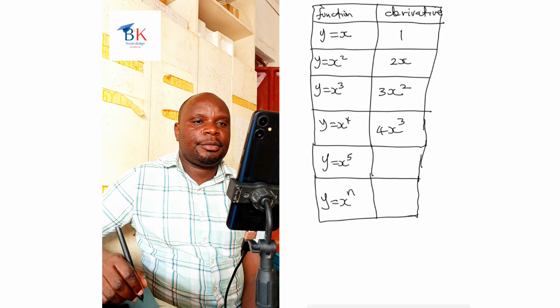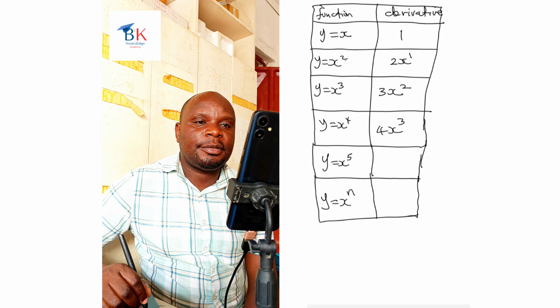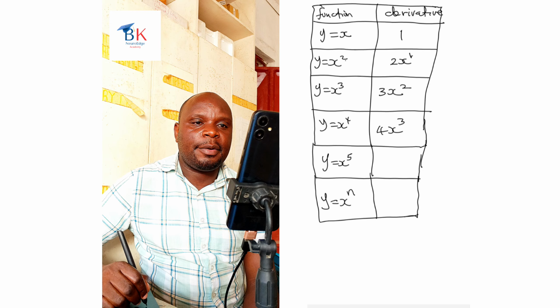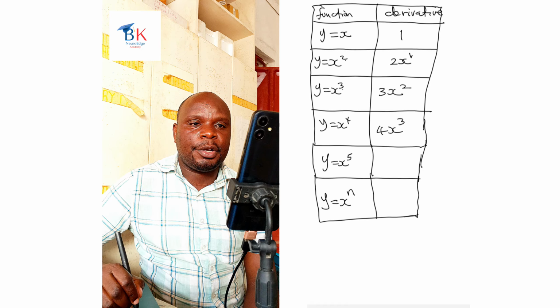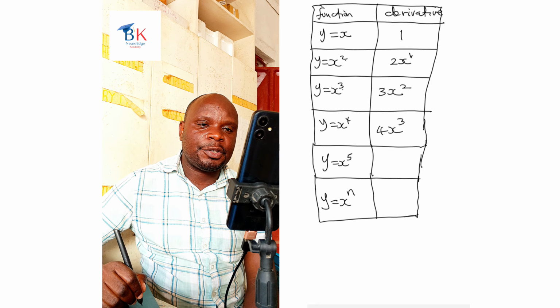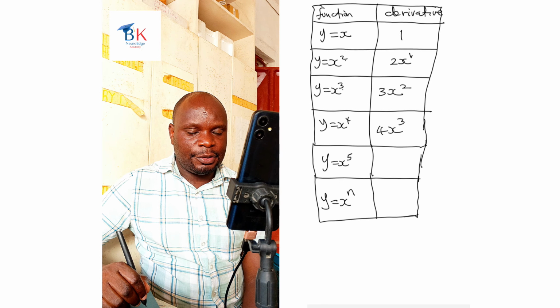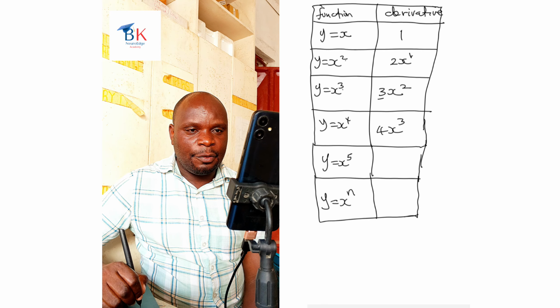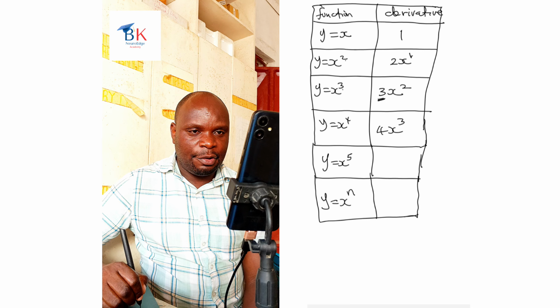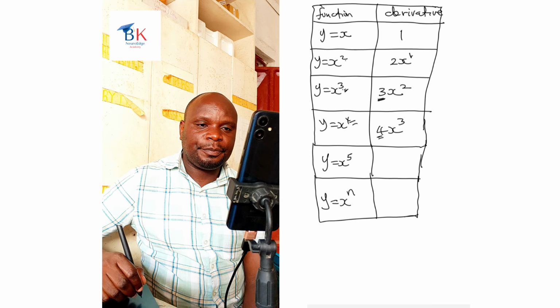As you can see, there's a pattern here that the power, the index, reduces by 1. This was 2, it is 1. This was 3, it is 2. This was 4, it is 3. So the index reduces by 1. And the coefficient here is equal to the index.